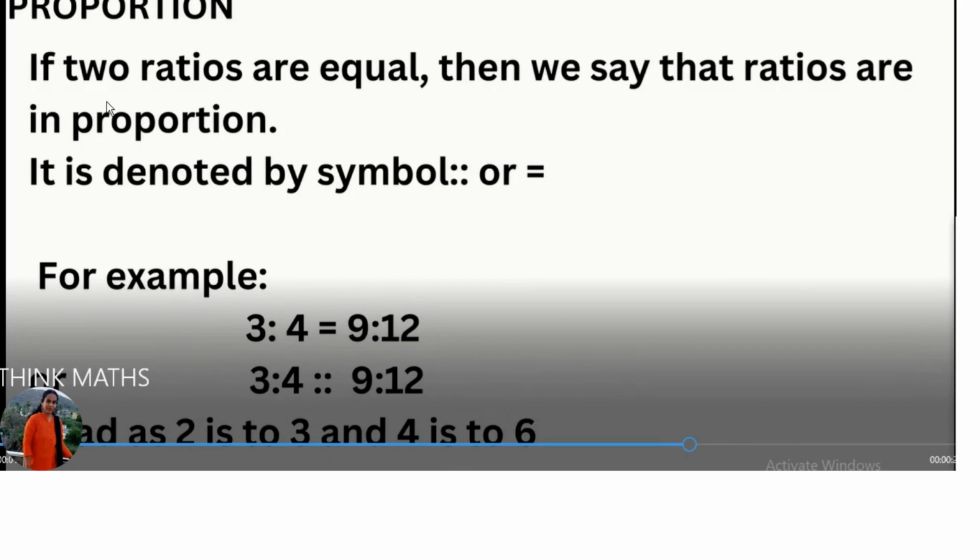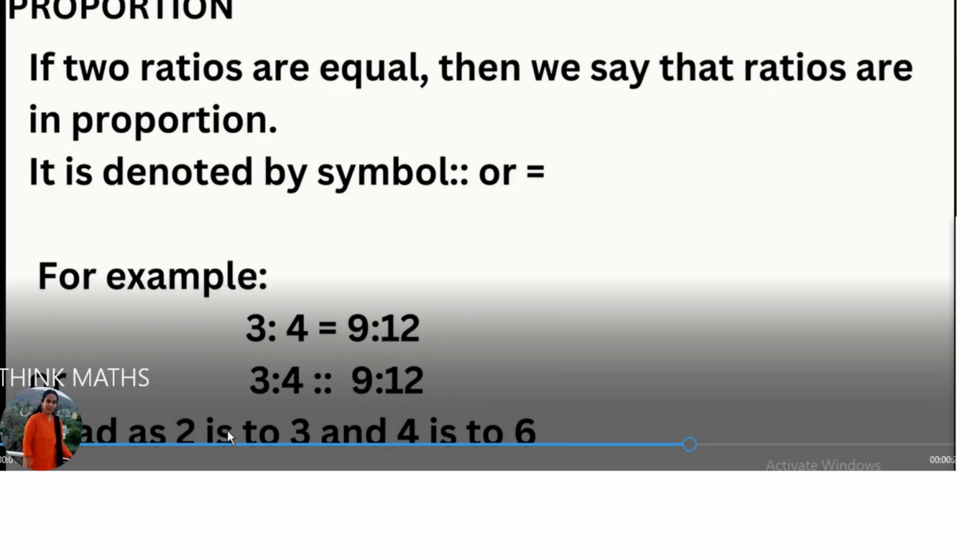So if two ratios are equal, then we say that the ratios are in proportion. So it is denoted by the symbol. So this symbol ::. Okay. The symbol means equal. For example, 3:4 is equal to 9:12, or 3:4 is proportionate to 9:12.